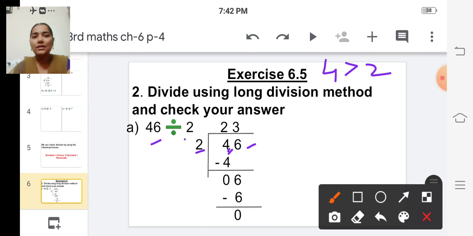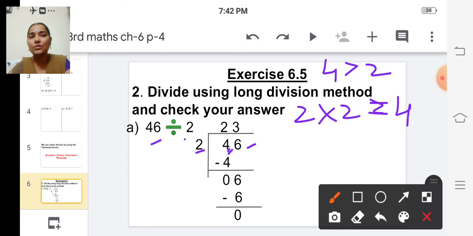How many times will it go in the second table? 2 times, isn't it? 2 twos are 4. So you have to write this 2 on the top and write this 4 below the dividend. And you have to subtract: 4 minus 4 is 0.